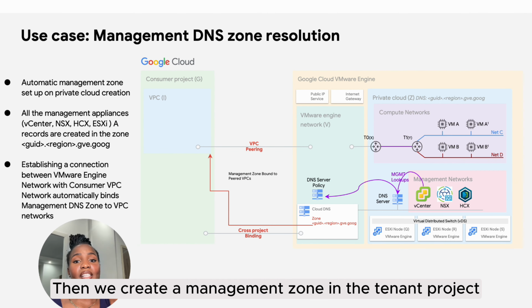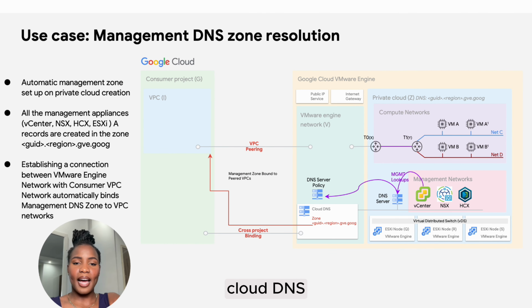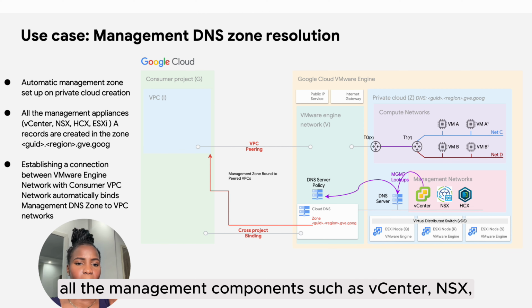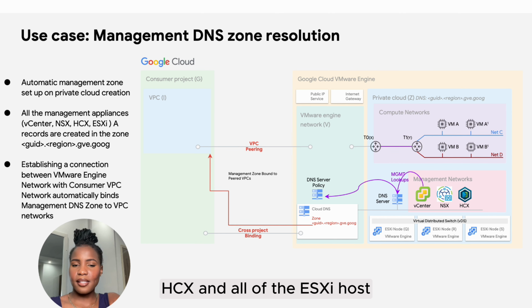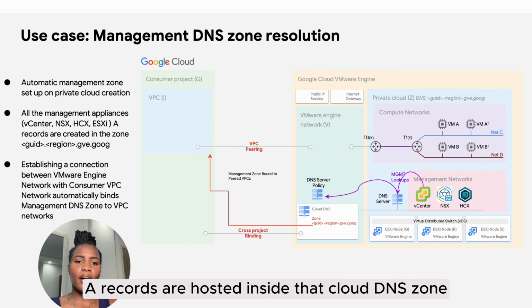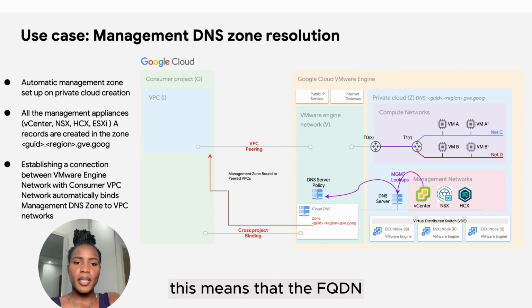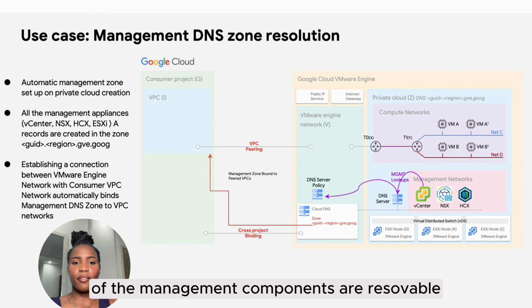Then we create a management zone in the tenant project Cloud DNS. All the management components such as vCenter, NSX, HCX, and all of the ESXi host A records are hosted inside that Cloud DNS zone. This means that the FQDN of the management components are resolvable.